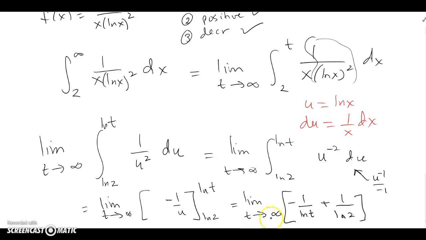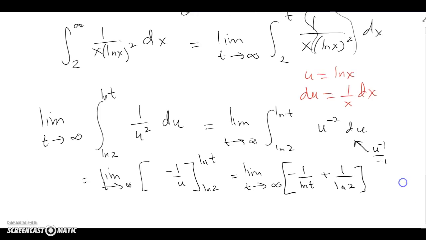So now I have the limit as t goes to infinity, plug in ln of t, minus a minus 1 over ln of 2, and we can tell that as t goes to infinity, ln of t will go to infinity, so I have 1 over big, which goes to 0. So this whole improper integral equals 1 over ln of 2 and therefore converges.